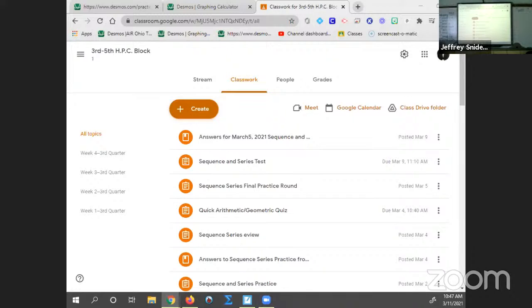Student classes, add a new period. 3rd-5th HPC, and 7th through 9th HPC.